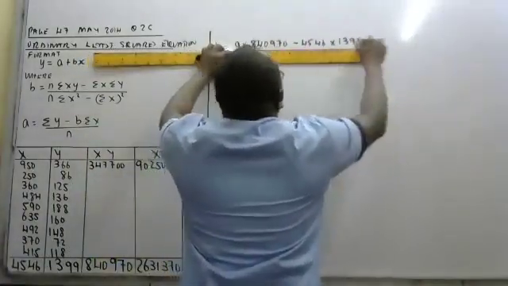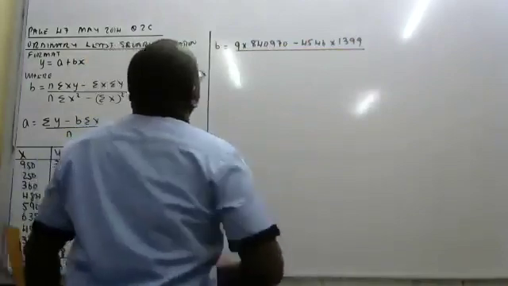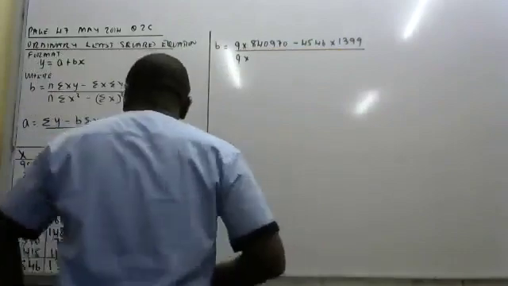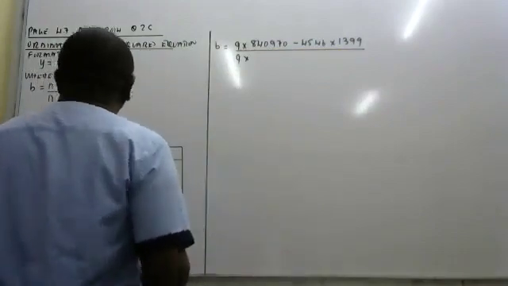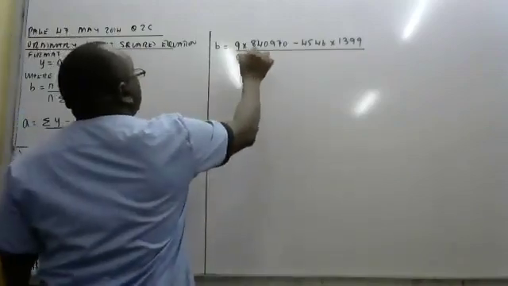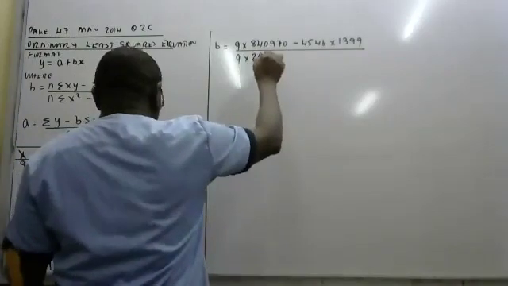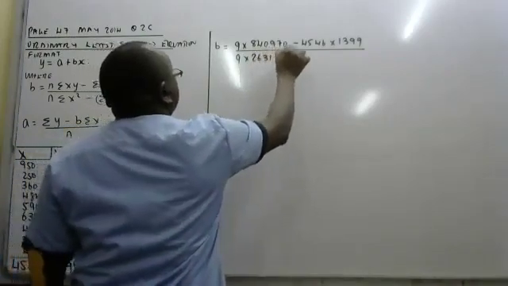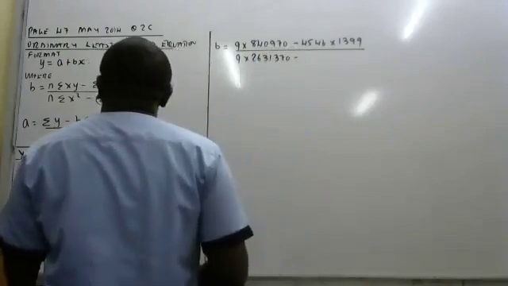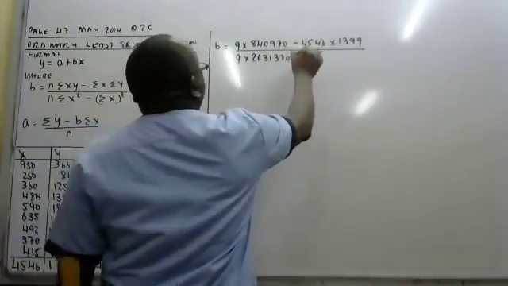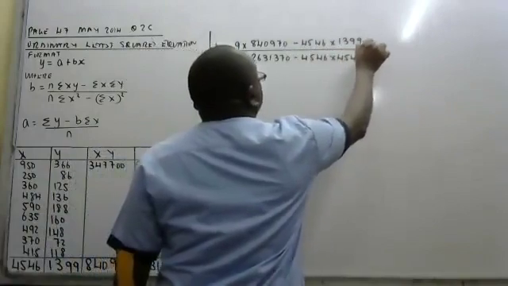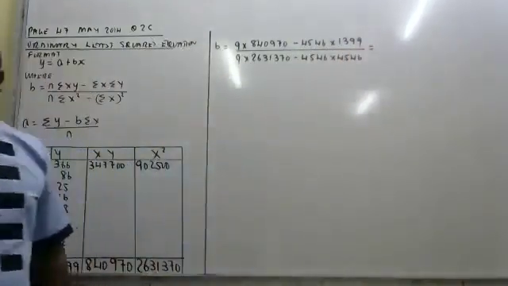You divide this by n, which is 9, multiplied by sum of x squared, 2,631,370, minus sum of x, which is 4546, you square that.